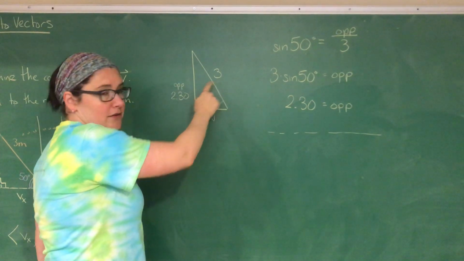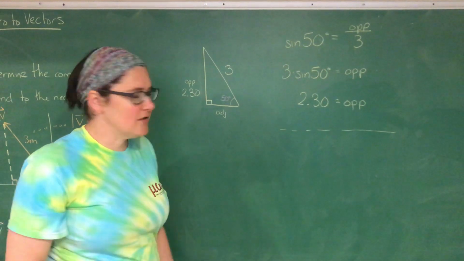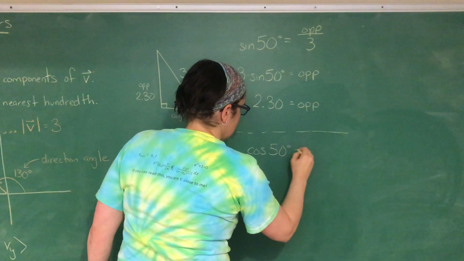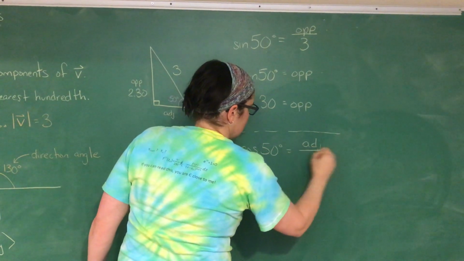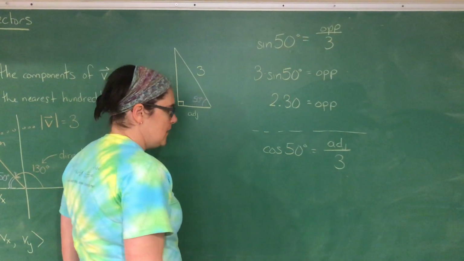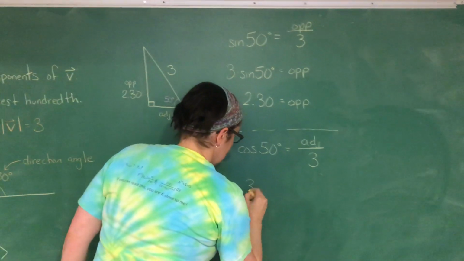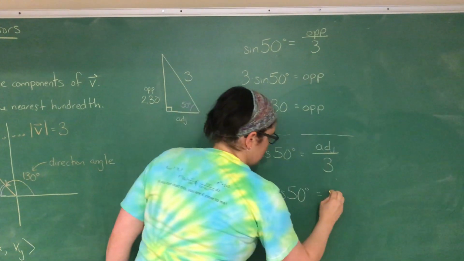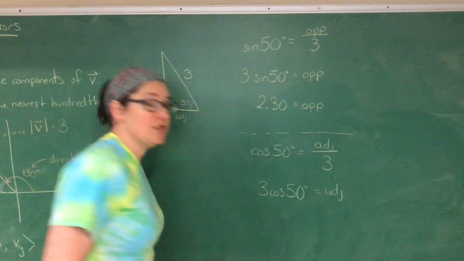I'm given the hypotenuse. Cosine is adjacent over hypotenuse, so we can write down cosine of 50 degrees equals adjacent over hypotenuse, which is 3. Multiply both sides by 3, and I'll have 3 times the cosine of 50 degrees is our adjacent side.